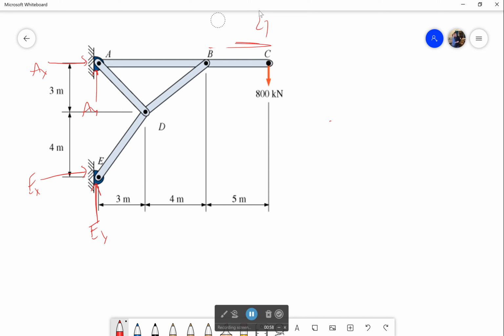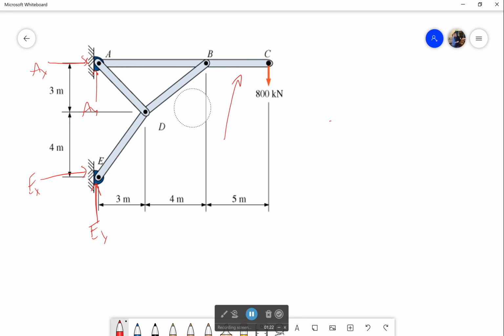Or we actually think about this a little bit more, because yes, this is a frame, which means that it has a multi-force member. What it does not mean is that all of the members are multi-force members. In fact, they're not all multi-force members. Only this one's a multi-force member. This, and this are all simple two-force members.